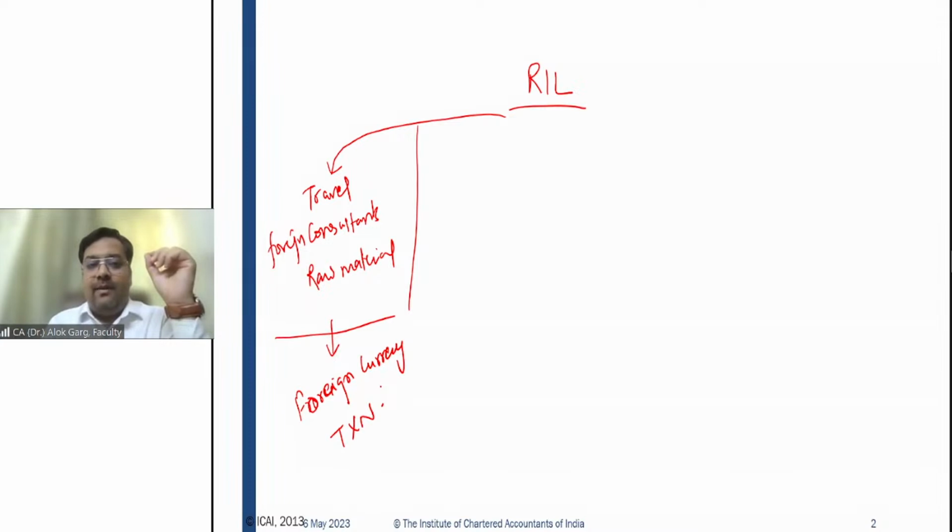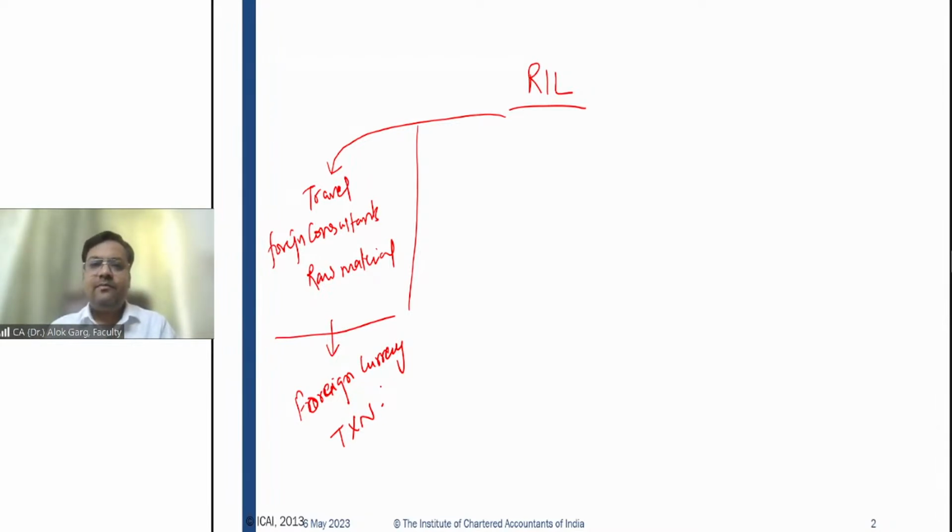If these persons are traveling to the USA, if the consultant has to be paid in the USA, if the raw material has to be acquired from the USA, the payment has to be settled in foreign currency, right? For example, when you travel to some foreign country for a leisure trip, you get INR converted into US dollars, or into the currency of that particular country.